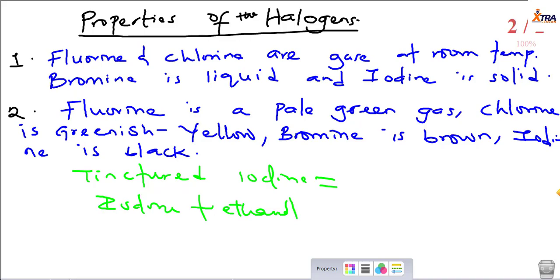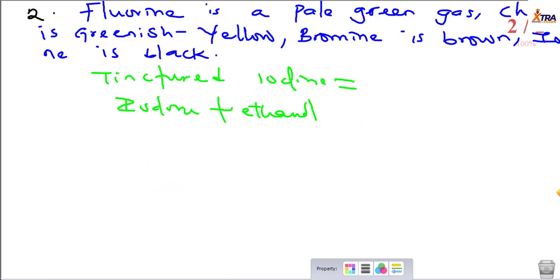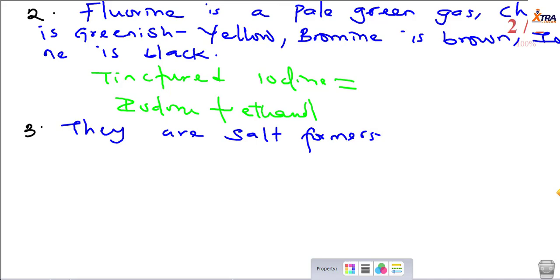Okay, what about the chemical properties? What can we say about their chemical properties? We said they are salt formers, hence they are called halogens. So it means that when you have a metal combined with a group 7 element, what you have is a salt.